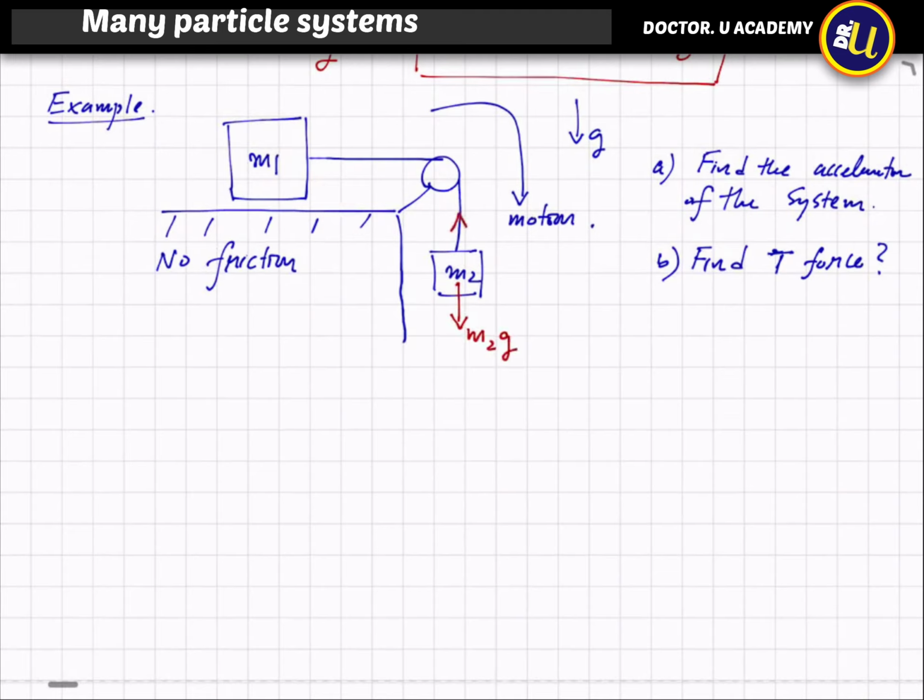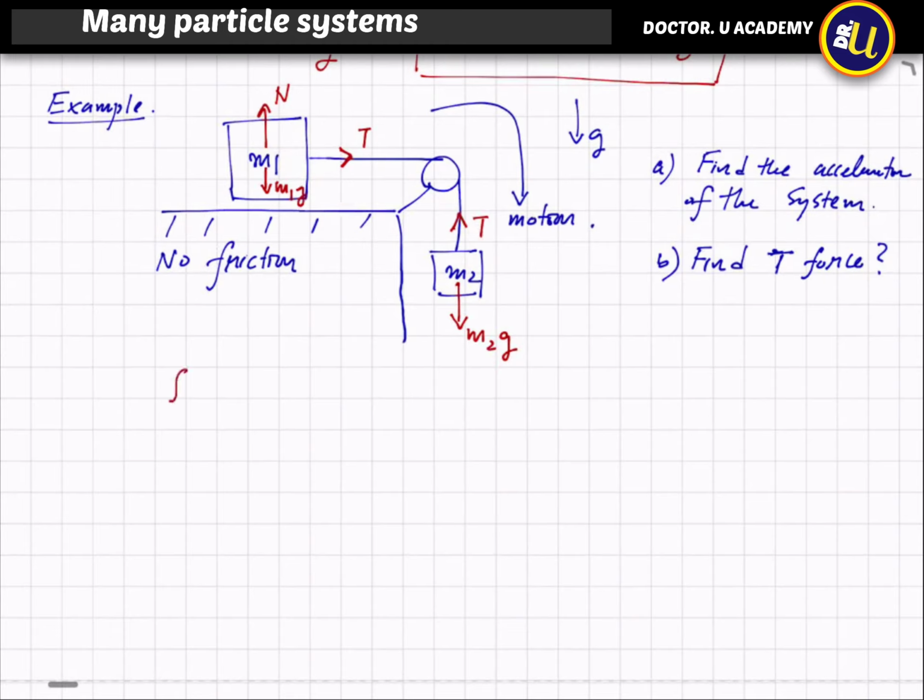Tension force is here, always away from the object, T and T. Now obviously you have m1g here and you have normal force here, but now we will see what will contribute and what is not going to contribute.